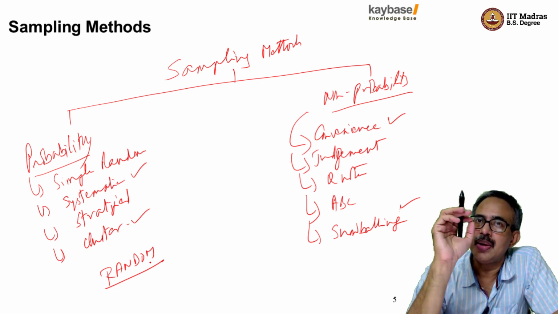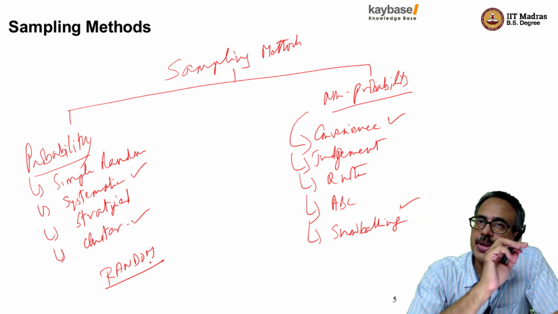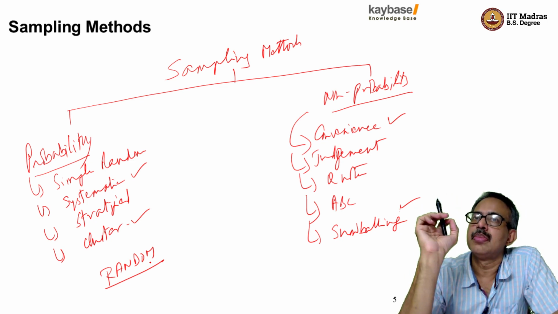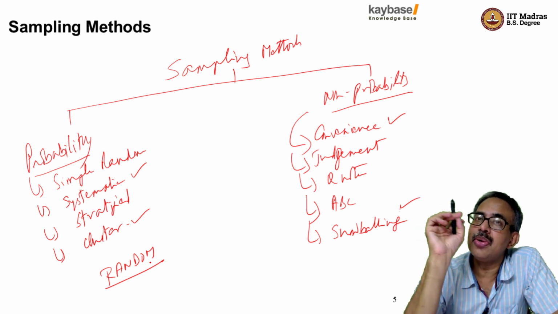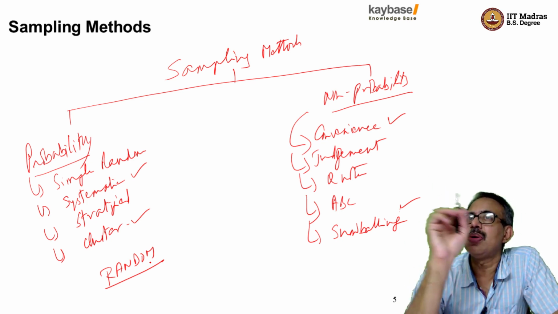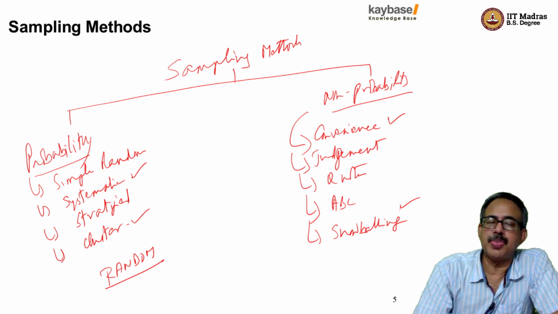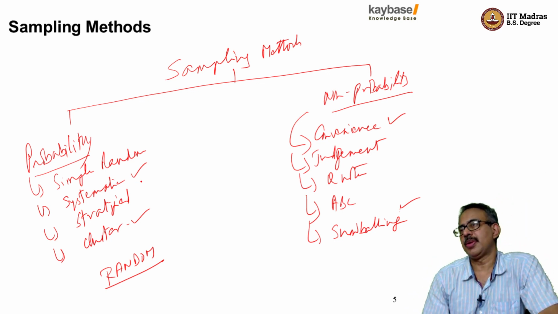If however you say, out of all the people who walk in, you contact every 10th person, then there is a rule behind it. Then that qualifies as one or the other kind of random sampling. In this particular example, it is systematic sampling.